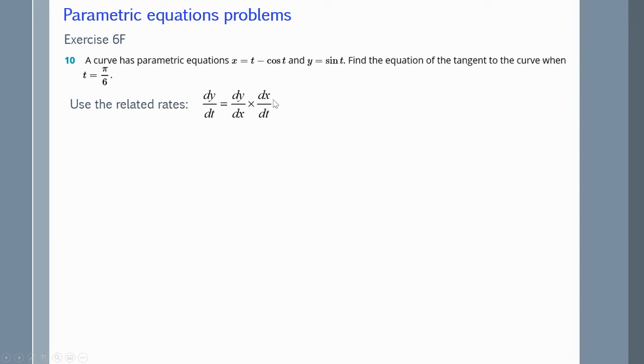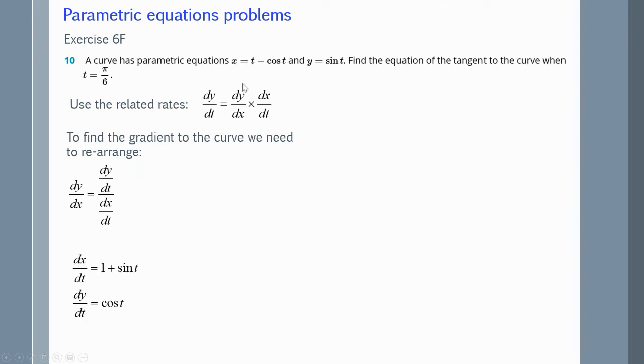So we start in a similar manner. dy/dt is dy/dx times dx/dt. We find dy/dx as dy/dt on dx/dt. We differentiate 1 plus sine t and cos t.